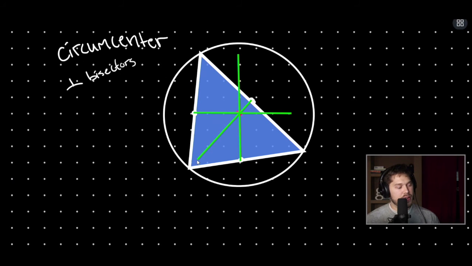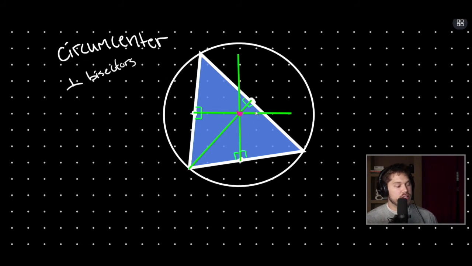And so here we have it. These are all our perpendicular bisectors such that these are right angles. And it did do a pretty good job at hitting that pink point. So this is the circumcenter of our triangle.